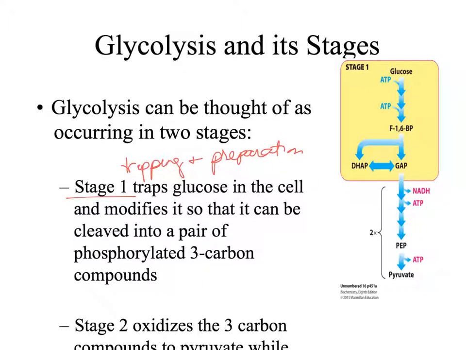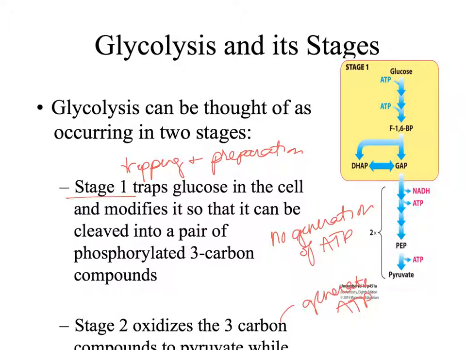And we'll see that as we move through the different reactions involved. And then in this stage 1, trapping and preparation, no ATP is generated here. So no generation of ATP.